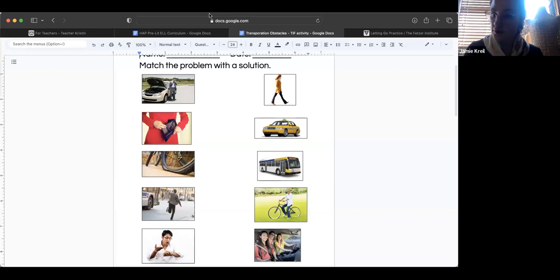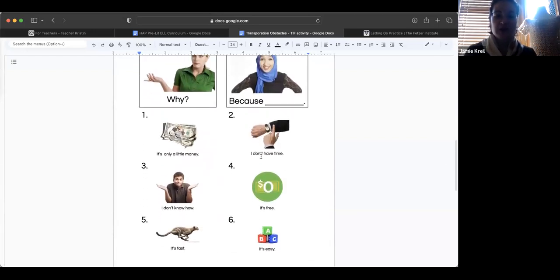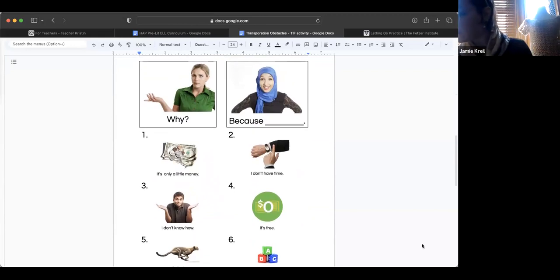Okay, so if you want to scroll down to the next document here, this is an info gap. And the way that I integrate navigating systems with social emotional learning skills is to discuss that sort of language of negotiation needed for self-advocacy before you come to your solution, right? Here, this one is a little bit different.